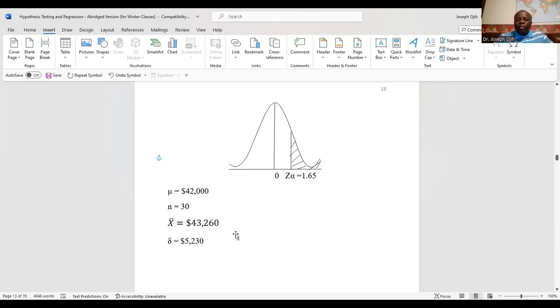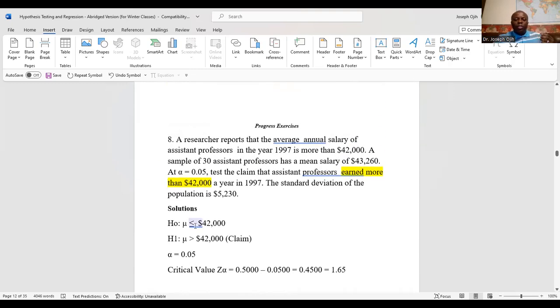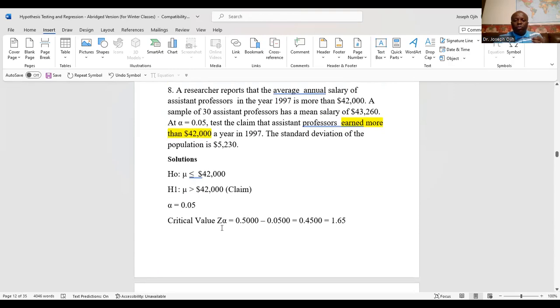Now let us run the test. Again, to refresh your memory, first thing is to state the hypothesis and identify a claim, get your alpha out, find the critical value, Z alpha, since it is a right tail test. So we're not going to use alpha over 2. If it is a 2 tail test, we write Z alpha over 2.